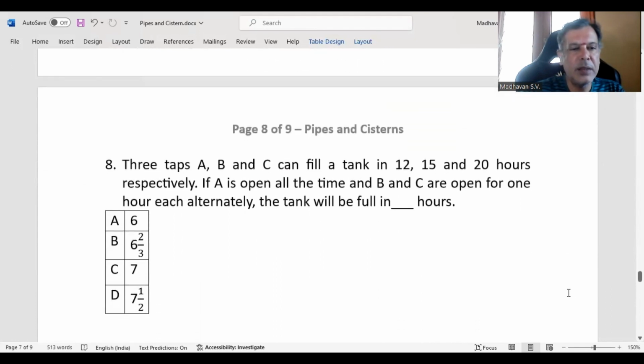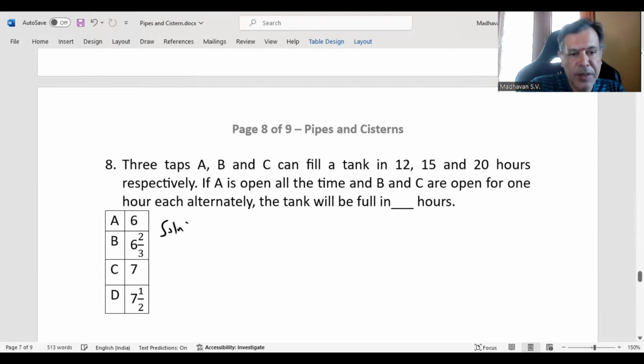Question number 8. 3 taps A, B, and C can fill a tank in 12 hours, 15 hours, and 20 hours respectively. If A is open all the time and B and C are open for 1 hour each alternatively, then the tank will be full in dash hours.